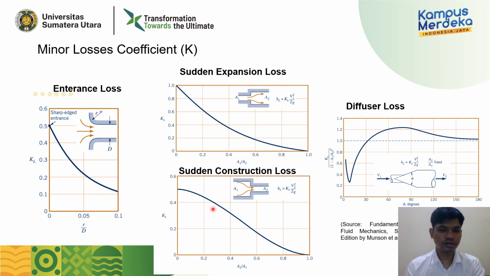You can also use this diagram. Or maybe we have diffuser loss, something like this. What we need to do is know the decrease of the bigger pipe like this, and then we use these equations. We use this graph to find these equations, and then we solve the problem. We solve this equation, we will have the minor loss coefficients.